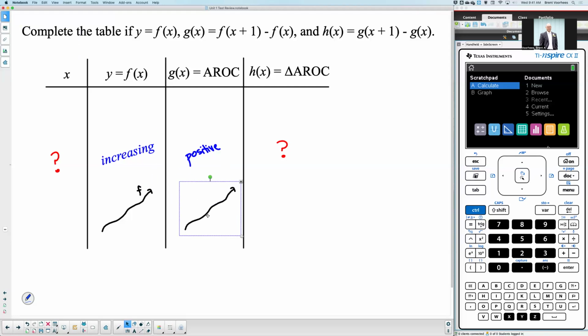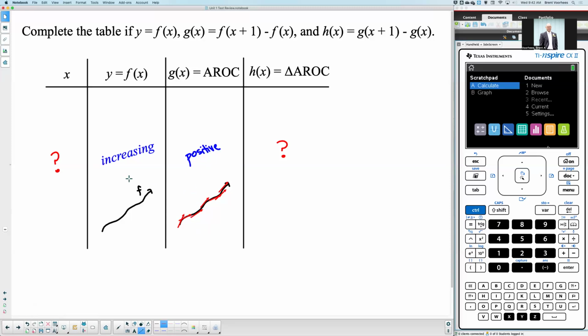Anytime you have an increasing word, the next column would be positive. But that doesn't tell you much for concavities, because all it means is that every tangent line is always pointing up. But you see how they're kind of going back and forth. Sometimes the slope is greater, sometimes it's less.